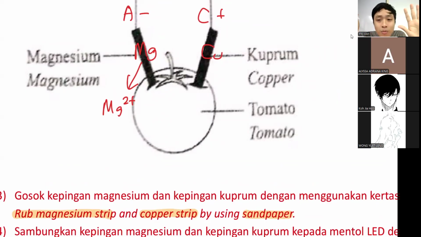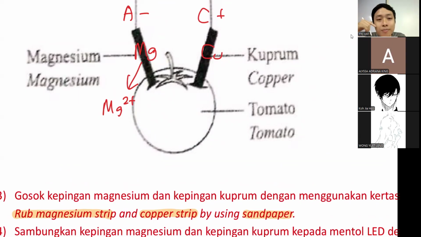In this tomato, do you have Cu2+? Inside a tomato, do you have copper ion? No. So inside the tomato there is what? Other than fiber, try to relate to chemistry.